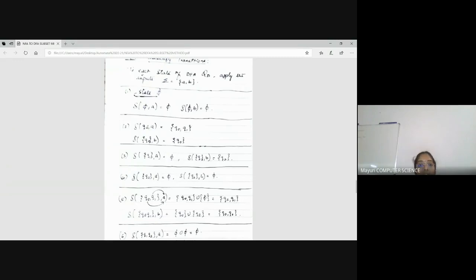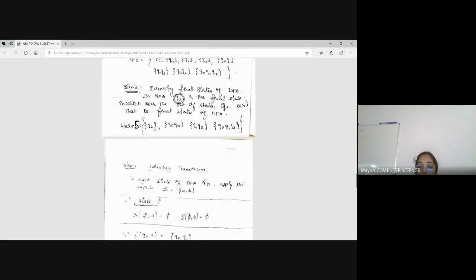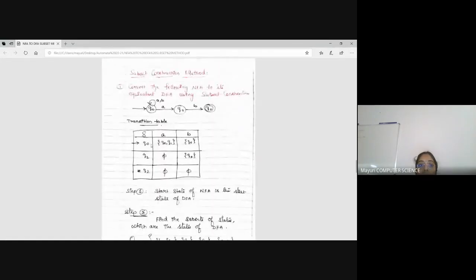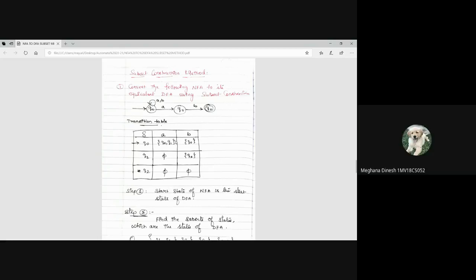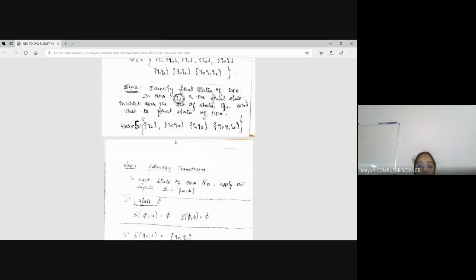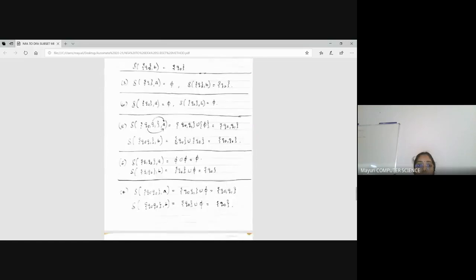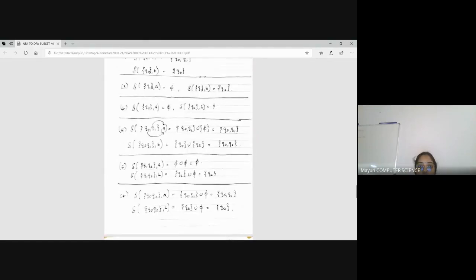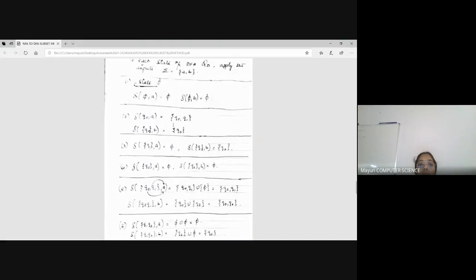Okay, what is my next state? Q0. For Q0, if I give input A, where does it go? Look at the transition function of the NFA. For Q0, if I give A, where is it going? It is going to Q0, Q1.